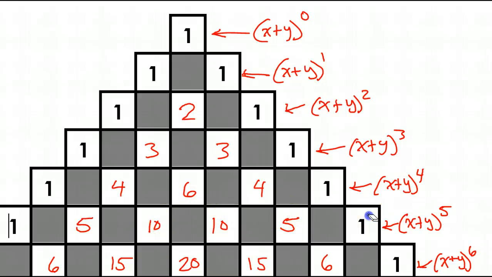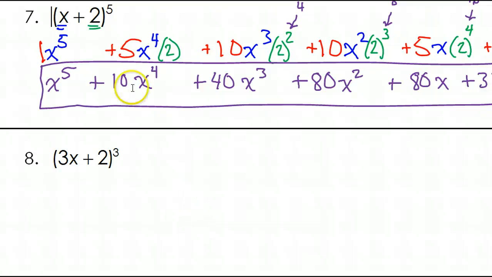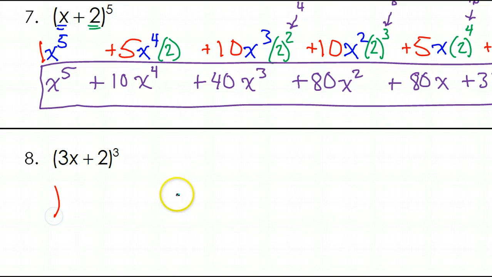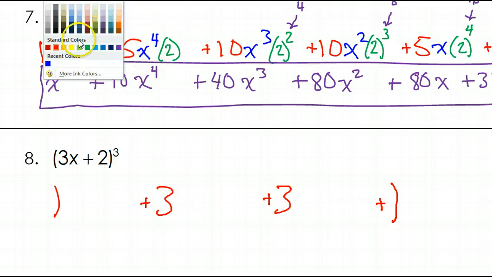Okay, so this is the row for the third degree. You see it. So I will be using the coefficients 1, 3, 3, 1. And they always start off positive. Now, we just have to be real careful.